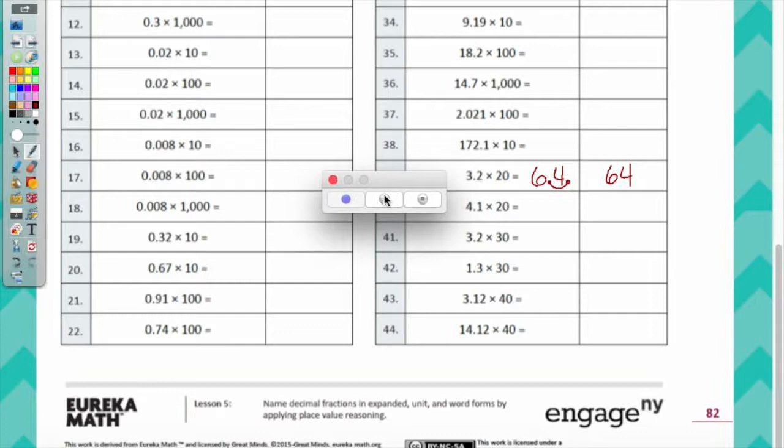91, 74. Okay, up to number 23. 4,100, 7,600, 10, 70, 7 and 2 tenths. Mrs. Lewis, I thought that, isn't 25 100? No, it's just 10.